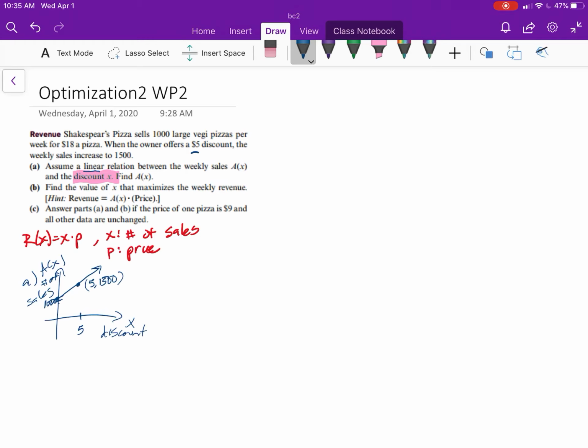So it wants a linear relation. Find A of X. So find, right, A of X is Y. So really it's saying find y equals mx plus b. So m, the slope, we could do y2 minus y1. I have 1,500 minus y1, which is 1,000, right? Over x2 minus x1, 5 minus 0, right?